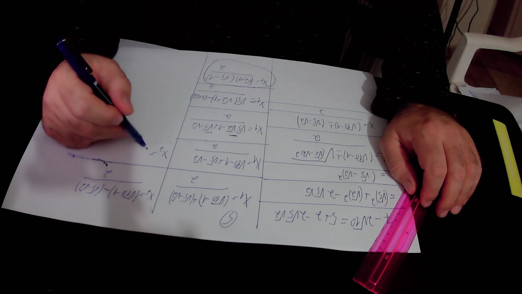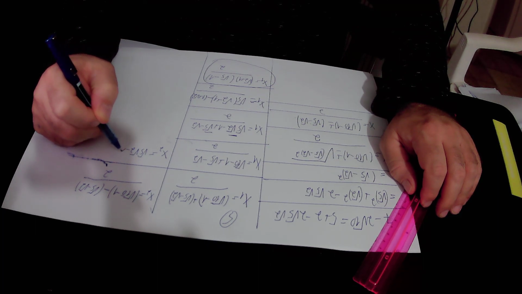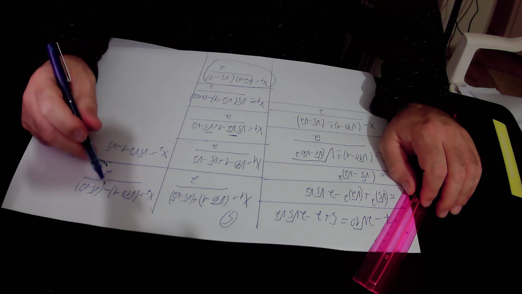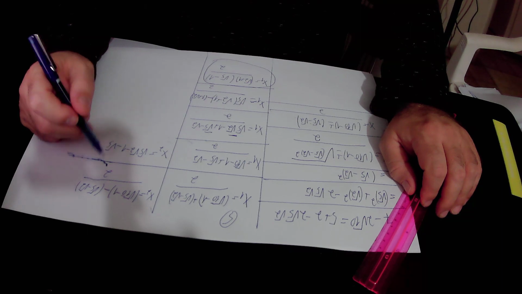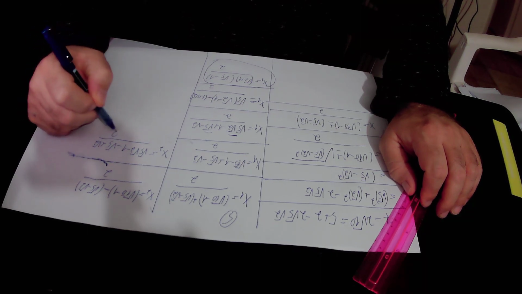We will do the same process for x2, and we will get that x2 equals square root of 10, which is square root of 5 times square root of 2, minus 1 minus square root of 5, minus and minus is plus, so it is plus square root of 2, all divided by 2.